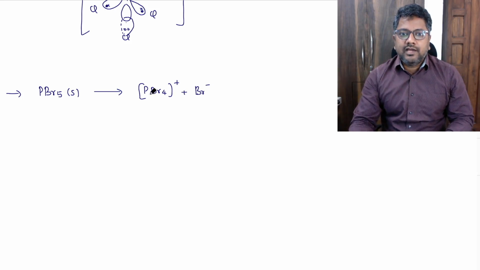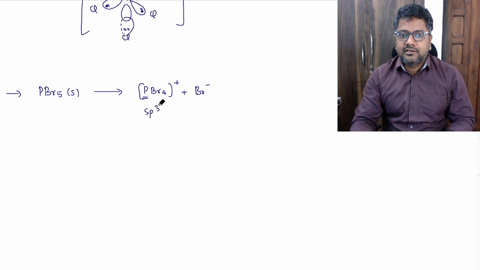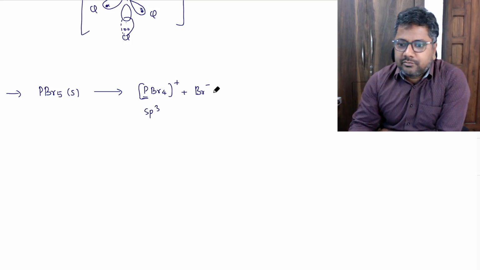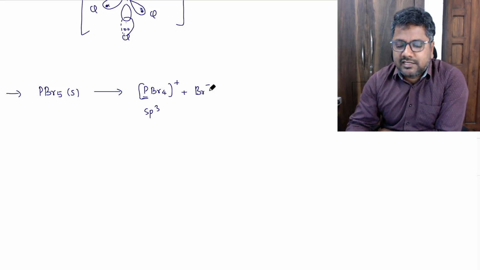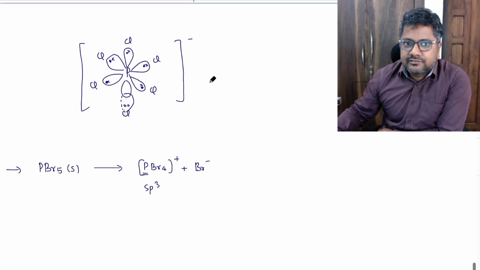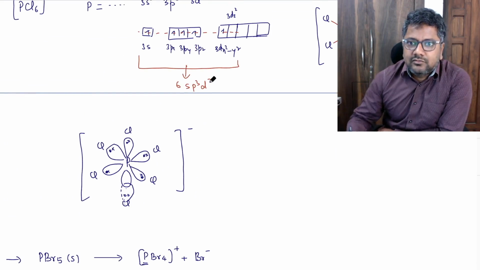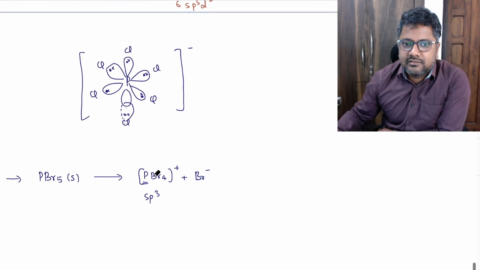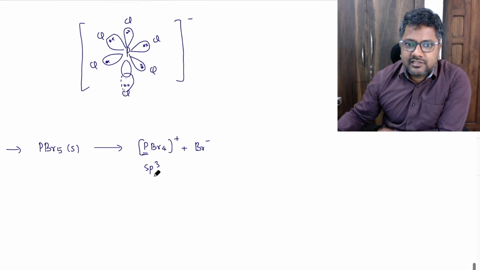So here you have to report the hybridization, not here. So what is the hybridization? sp3. If you want to argue, why not PBr6 minus like PCl6 minus? As you know, the size of Br is large. So when you try to arrange 6 bromine atoms around the phosphorus, the system is unstable. So you won't get PBr6 minus.